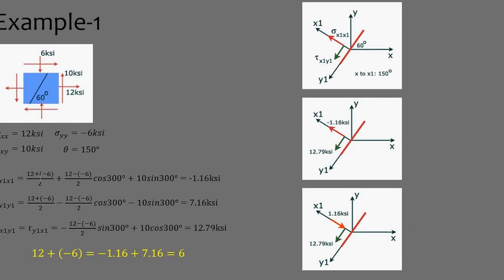And here I have all the equations solved out, where sigma x1 comes out to -1.16 ksi. Sigma y1 comes out to 7.16 ksi. This isn't actually put on the figure because we're mainly worried about x1 and the shear stress. And tau x1y1 equal to tau y1x1 comes out to 12.79 ksi.